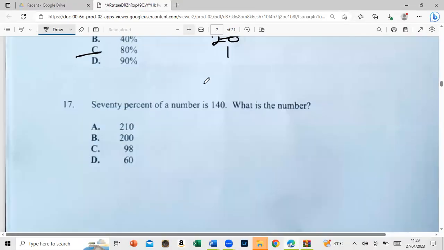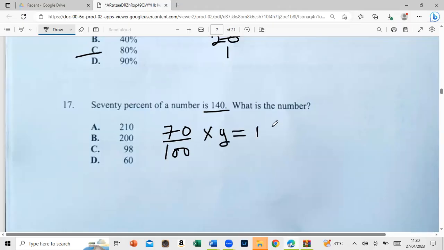Alright, 70% of a number is 140. What is the number? So we don't know what the number is, but we know that 70% of a number, so we're going to just put how they got the 140. We're going to call the number y, and that equals 140. And congrats, guys. I don't see this giving you much trouble.